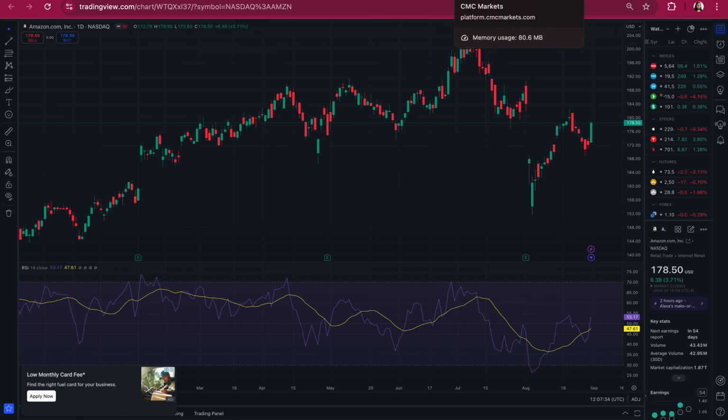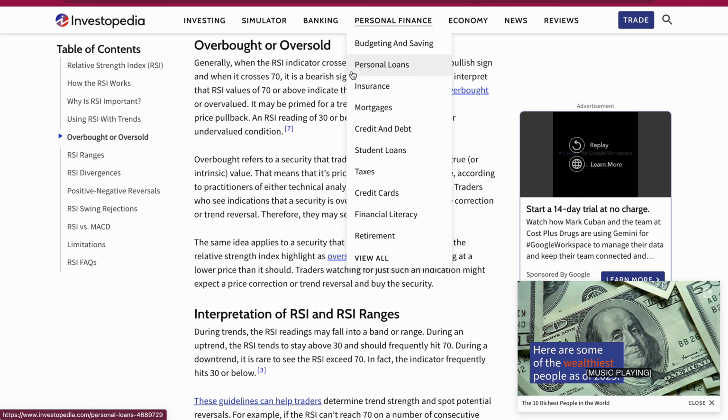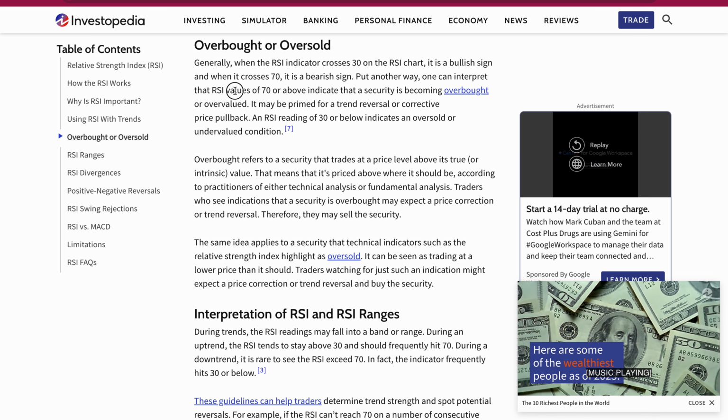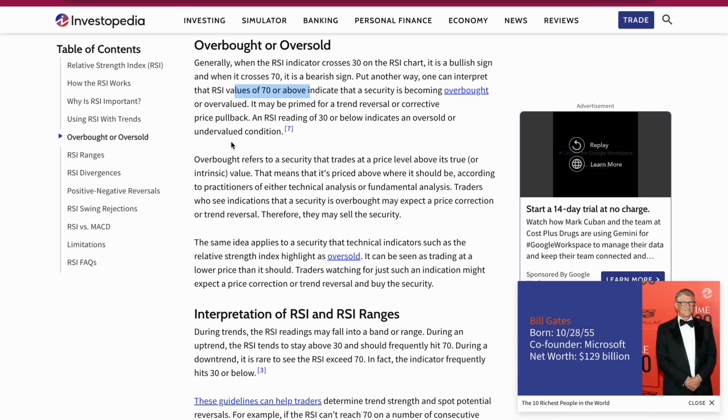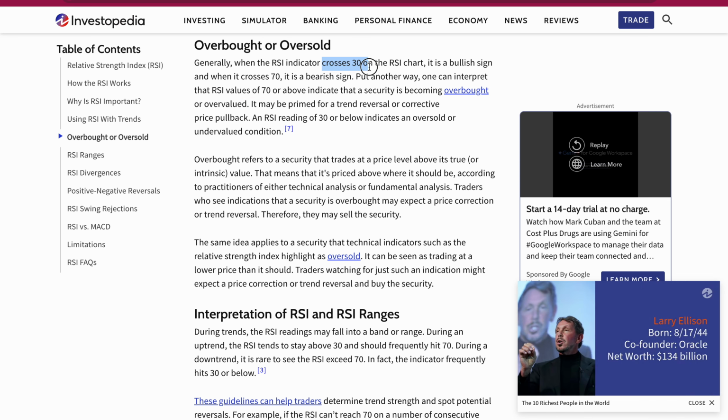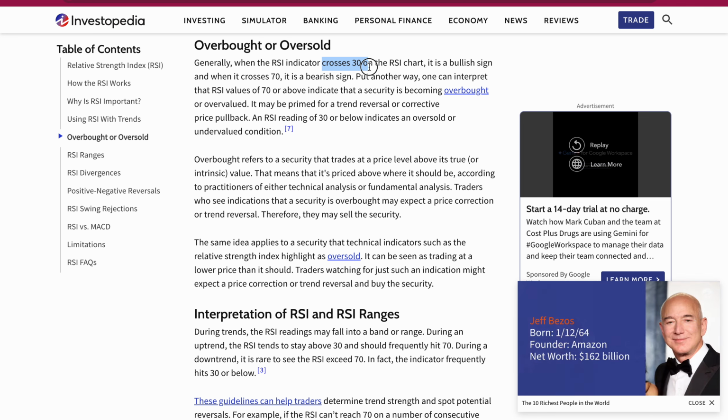To make sure what I'm telling is right, let's go here. If the RSI value is over 70, it's overbought or overvalued. And if the RSI value is below 30, then it could indicate oversold.